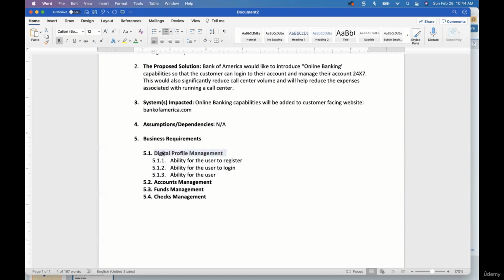That's another thing you want to understand as a business analyst, grouping the requirements in the right bucket. So I only want to talk about, in this module, any changes that you may want to make which will help them manage the digital profile, to make a change in that. Good.